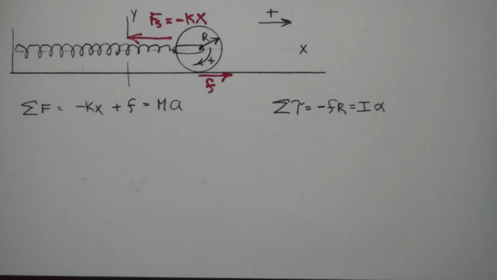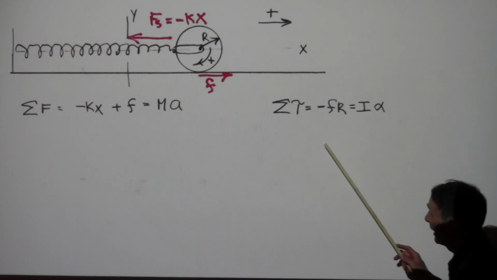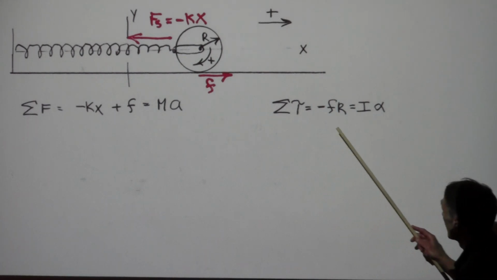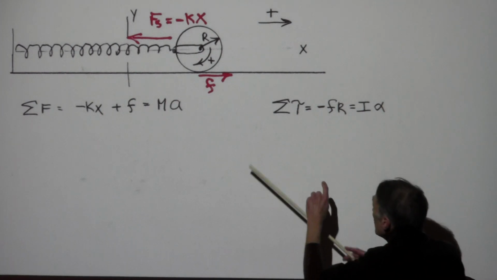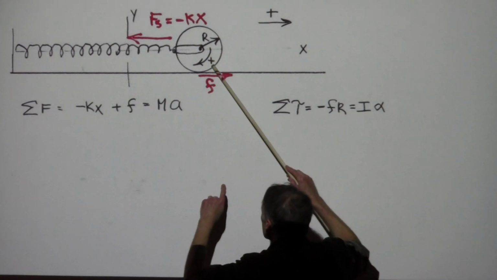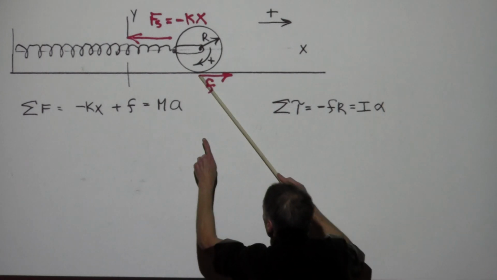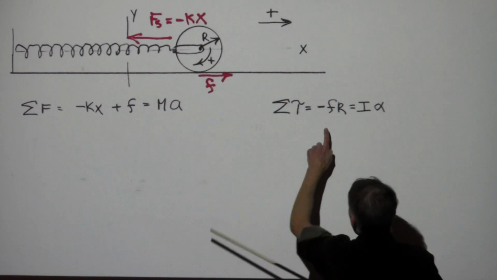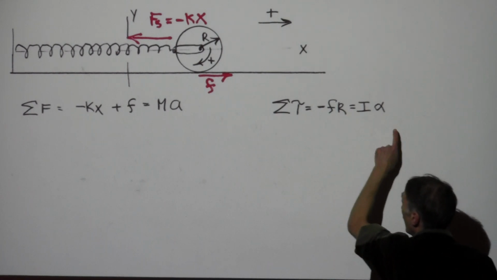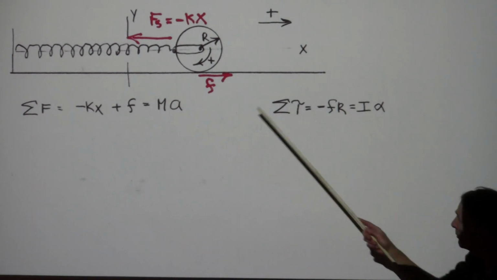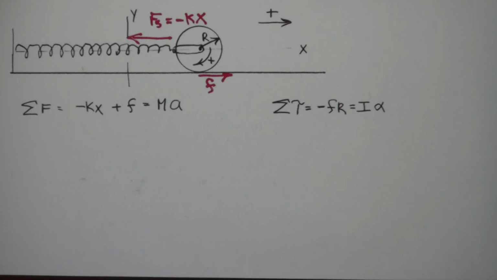The part from rotation that you're probably a little rusty with is, instead of F equals ma, the sum of the torques is equal to I alpha. The torque in this case is going to be, if this is the plus direction, F wants to get it to rotate in the negative direction. That's minus F times R equals I alpha. And we've got both of these going on.